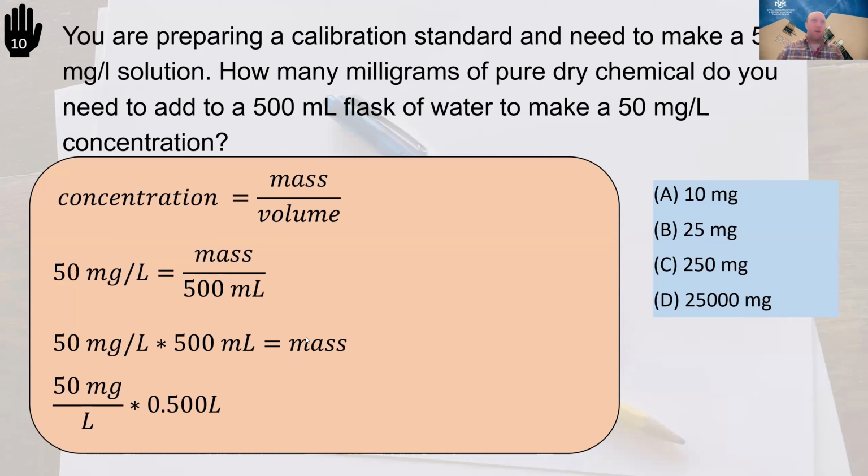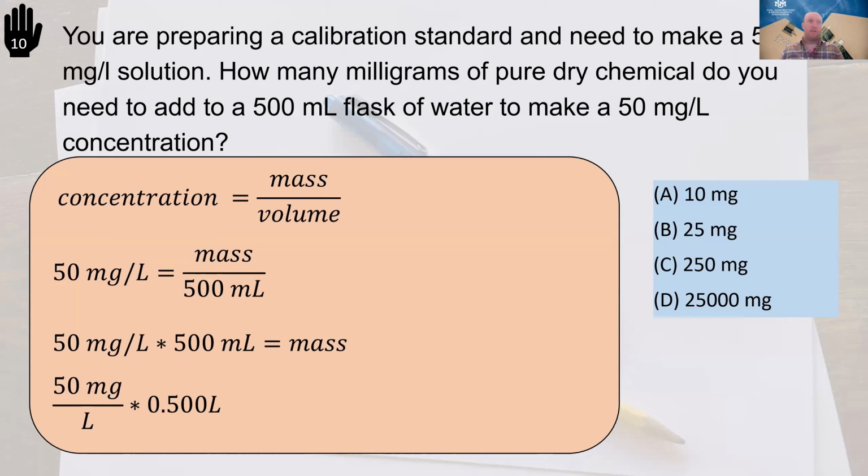So we want to cancel out our liters. This is a good example of when the units you want to cancel out don't match. Over here we have liter and over here we have milliliter. Those are the same measurement, but we need to use a conversion factor to get them into the same unit. I want to put both into liters as opposed to milliliters.